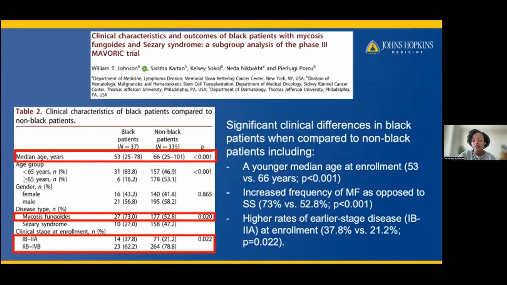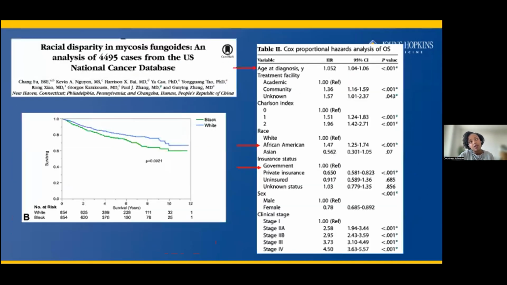The factors that affect survival in African-American patients, though, are really not clear, and some of our studies are a little bit contradicting. In 2017, there was a retrospective study that looked at the US National Cancer Database and found that there were racial disparities in mycosis fungoides.